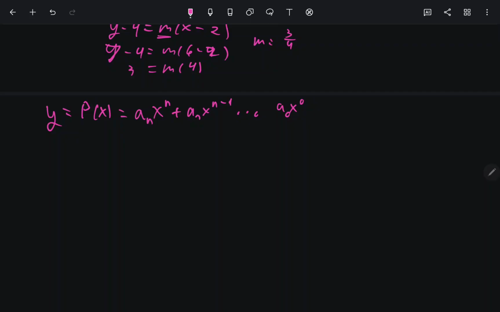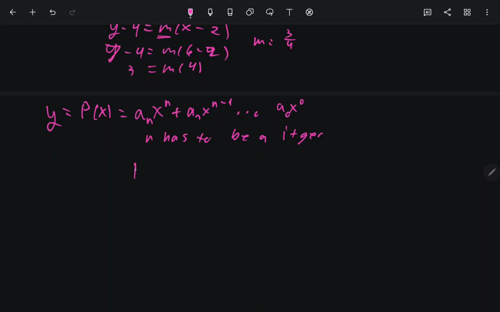We have a lot of different polynomials out there, but for a polynomial, n has to be an integer. And polynomials have a few very nice properties that we get to work with.